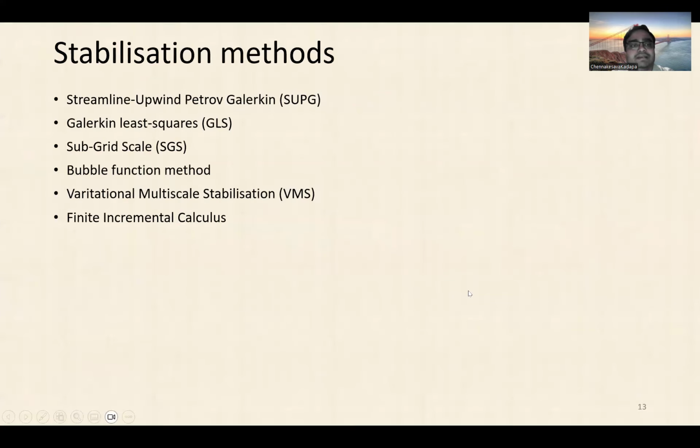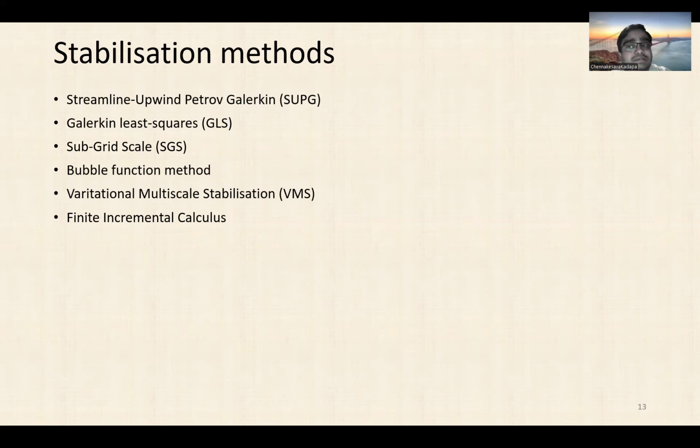There are a variety of stabilization methods that have been proposed over the years. Among them, there is the streamline upwind Petrov-Galerkin method, which is one of the quite popular methods for advection dominated flows. And the Galerkin least squares method, which is another stabilization method.